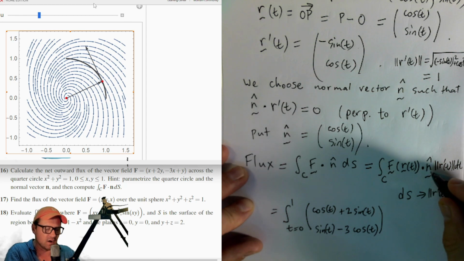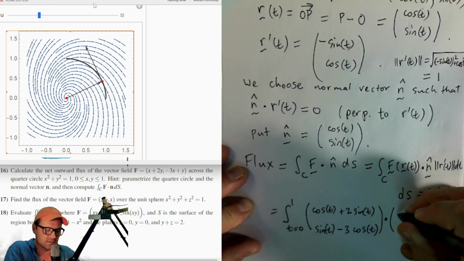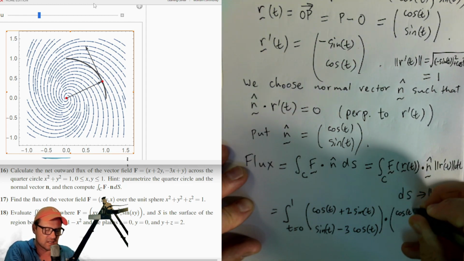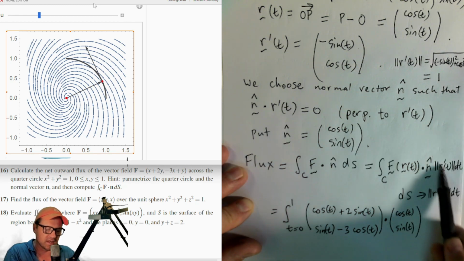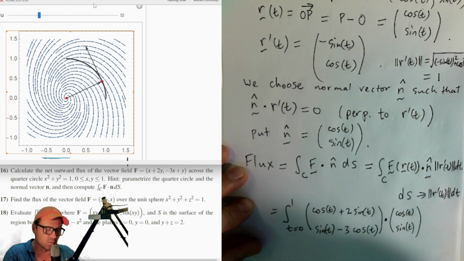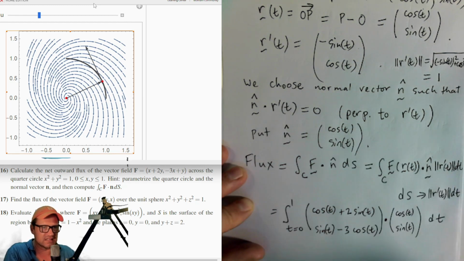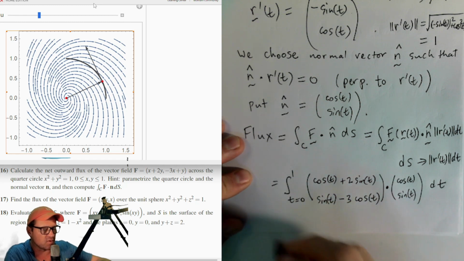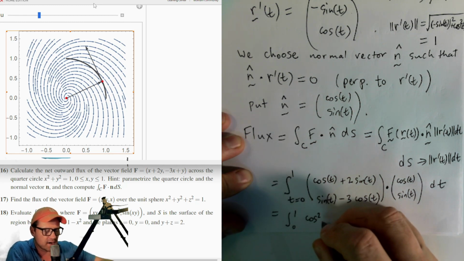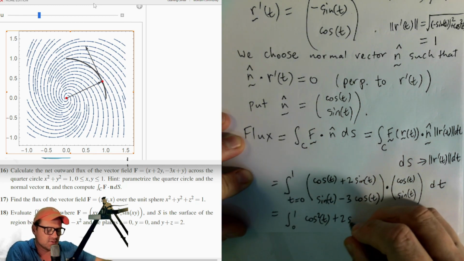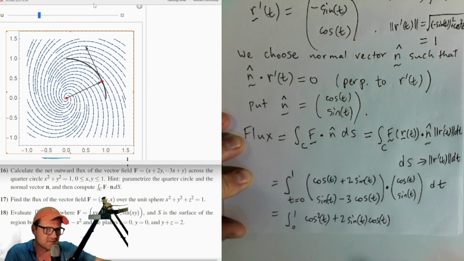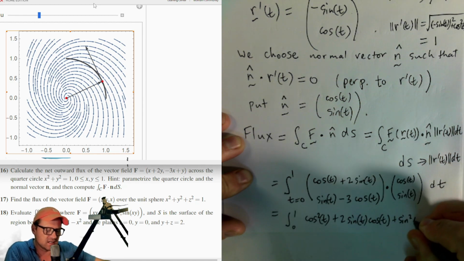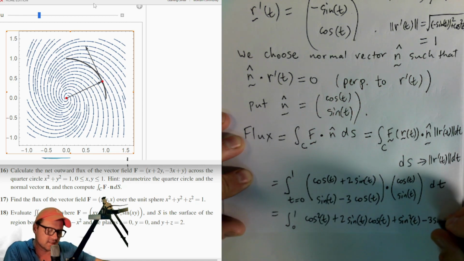Okay, and this we dot with this vector here, dotting that with cos of t, sine t, and then we calculated that the norm of r dash is 1, so this is just dt. Okay, now taking the scalar product, we have cos squared t plus 2 sine of t cos of t plus sine squared t minus 3 sine t cos t dt.